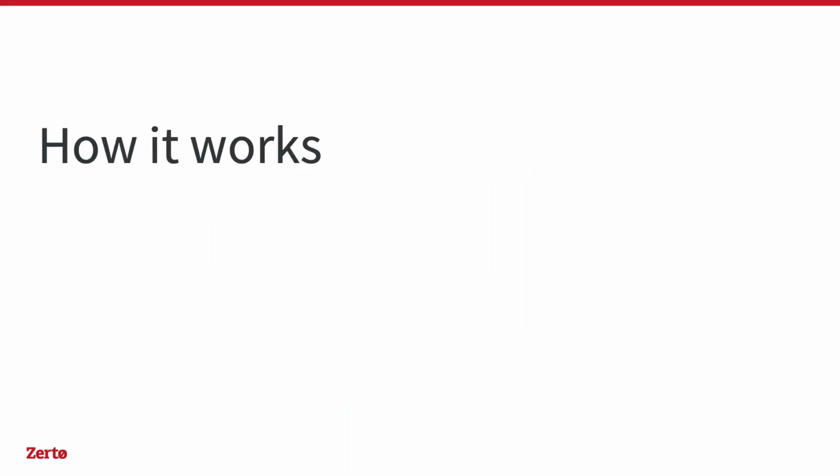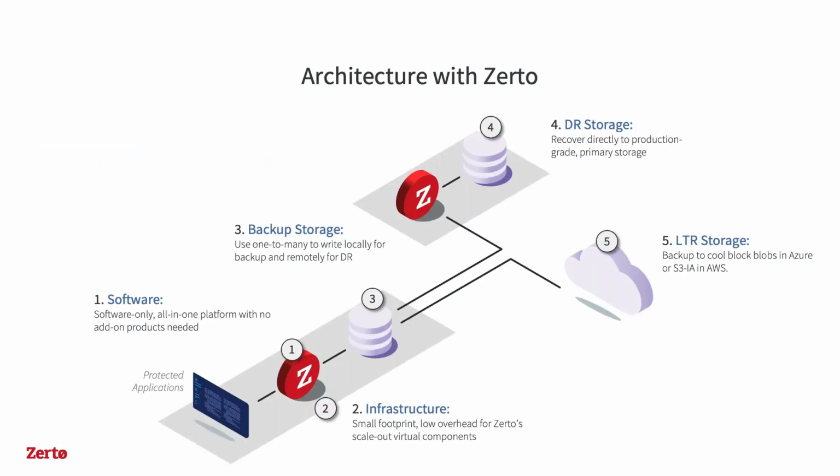So if you think first at a high level of our architecture, Zerto is a software-only install, right? So you're not continuing to add additional products and SKUs. You're simply downloading software and installing a Windows install in your hypervisor, and there's nothing else that's needed. So there's a small footprint. You don't have to buy more storage.